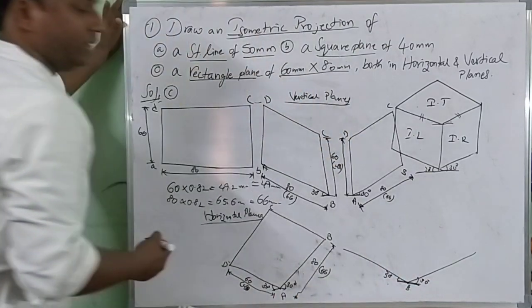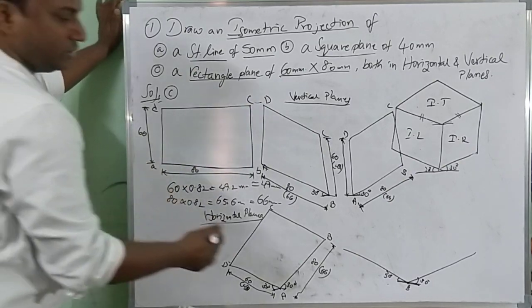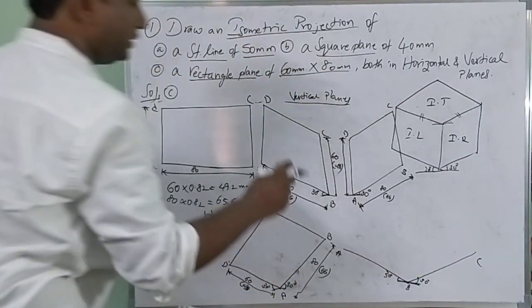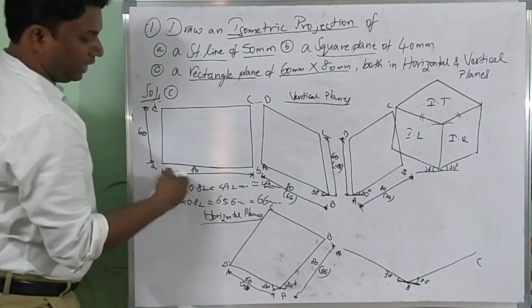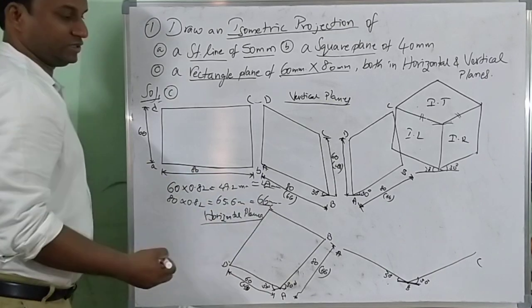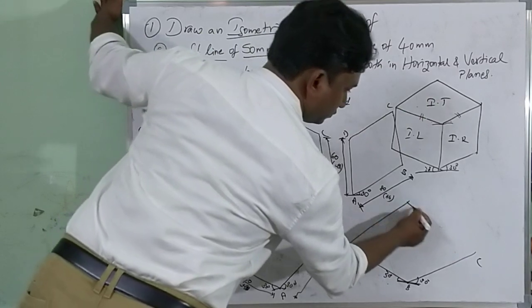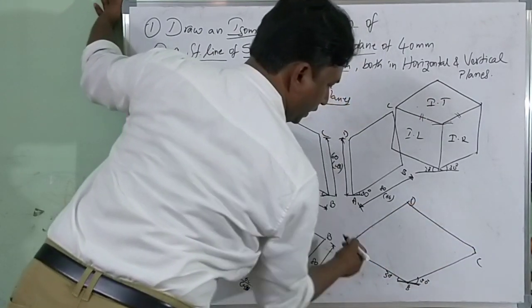B point reference I have taken. B, C towards right, A towards here, C here. But this C should be of 60, that means 49. A should be of 80, that is 66. Now close them. B, C, D, A.